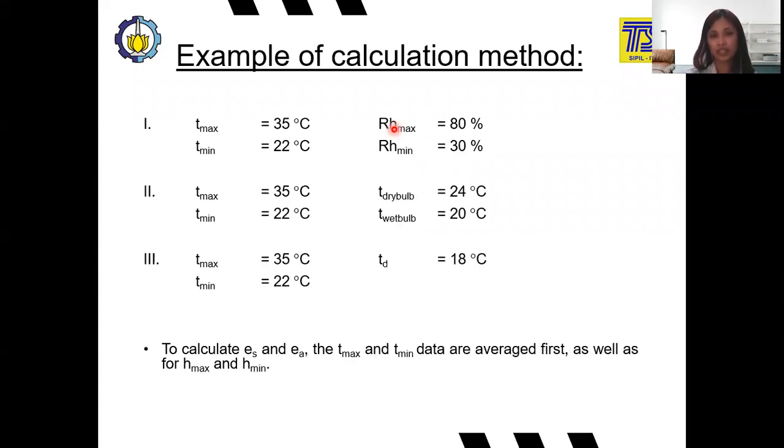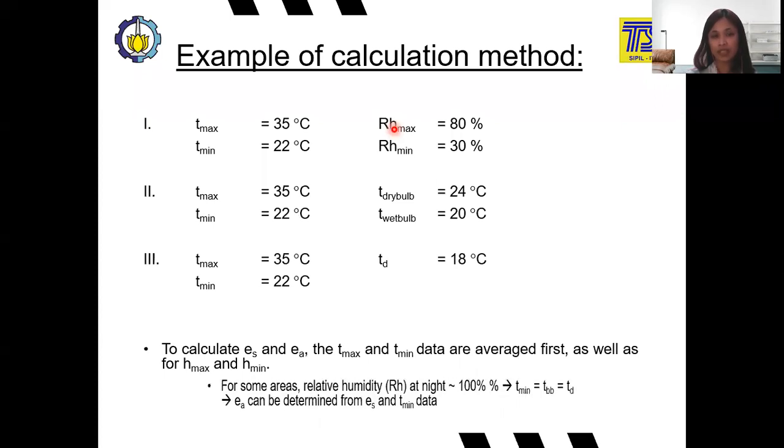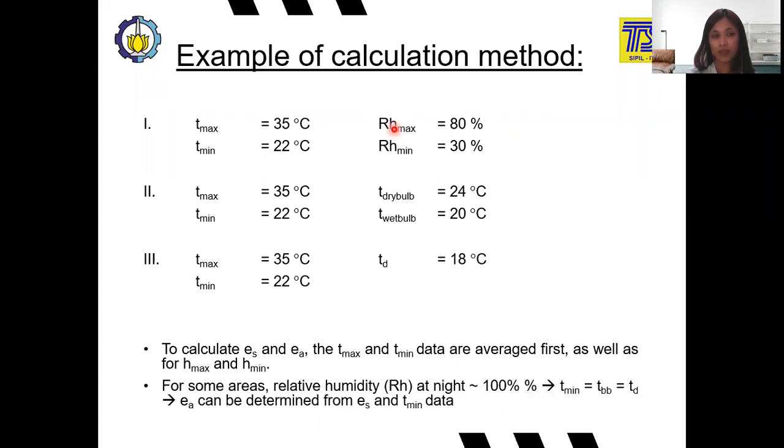So for the calculation of vapor pressure, there will be three different methods. The first one is if the data known is the maximum and minimum temperature and the maximum and minimum relative humidity.